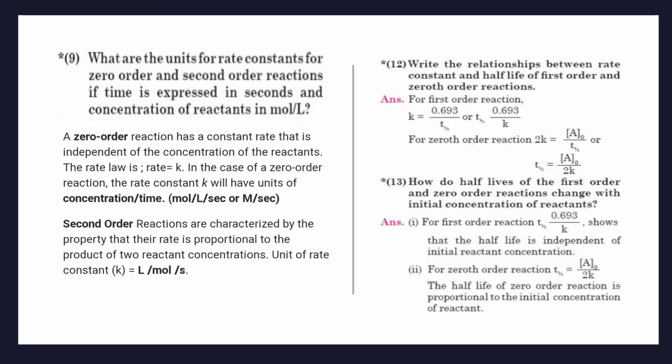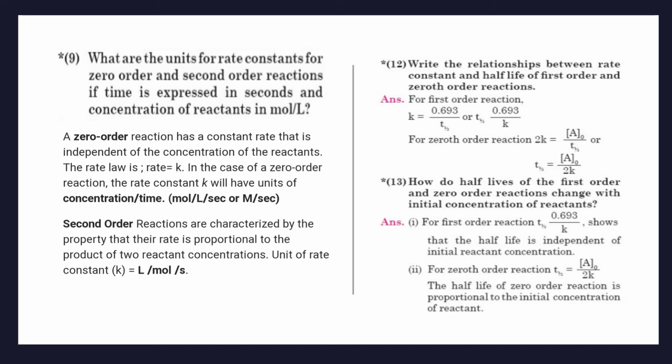Sixth question. What are the units for the rate constant for zero order and second order reactions if time is expressed in seconds and concentration of reactants in moles per liter? Answer. A zero order reaction has a constant rate that is independent of the concentration of reactants. Therefore, the rate law is rate is equal to k.